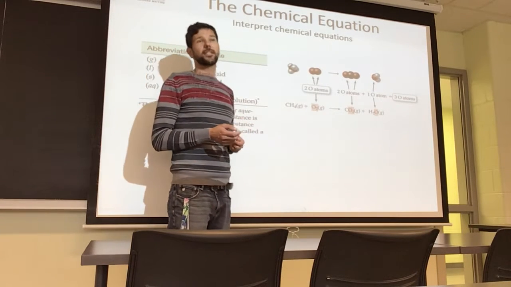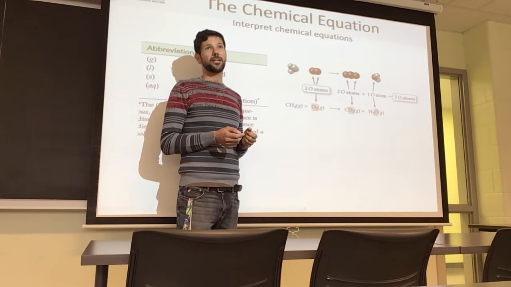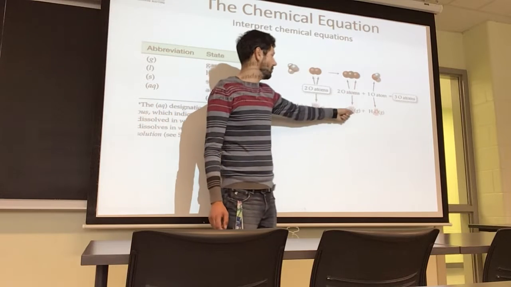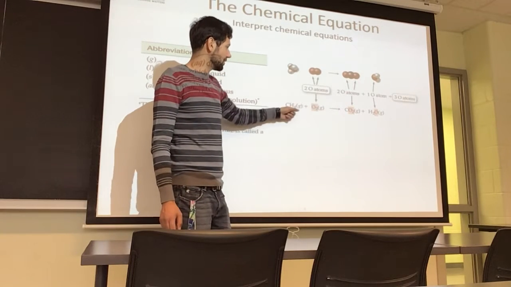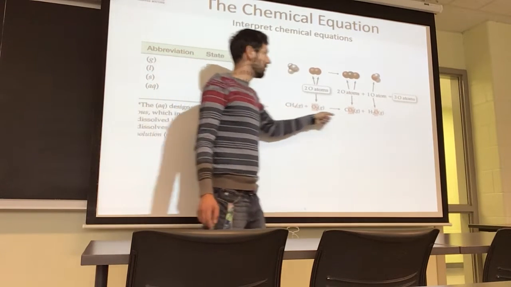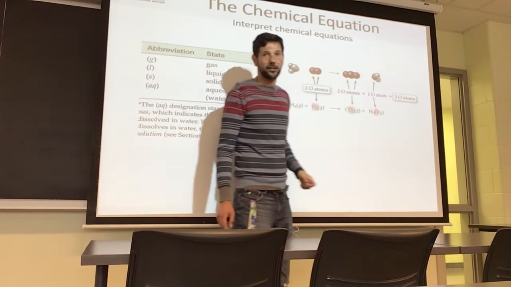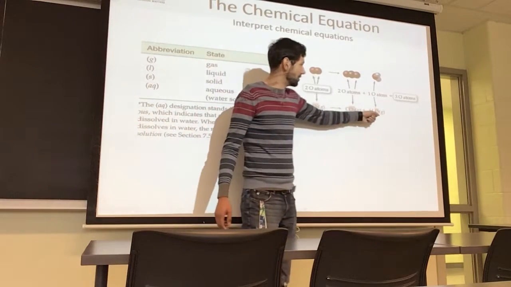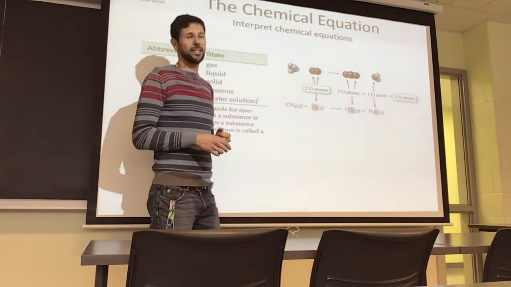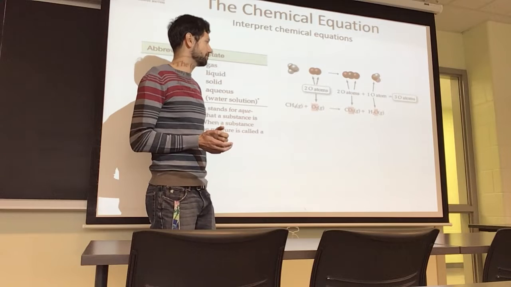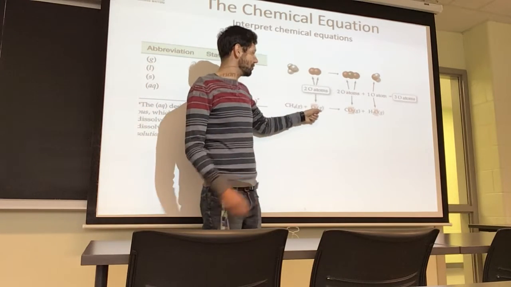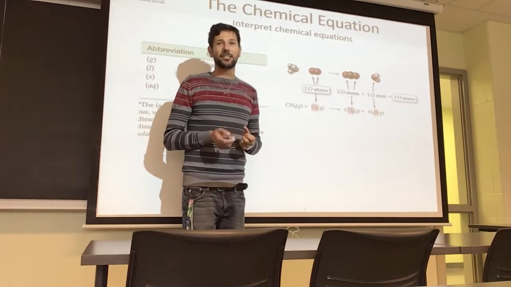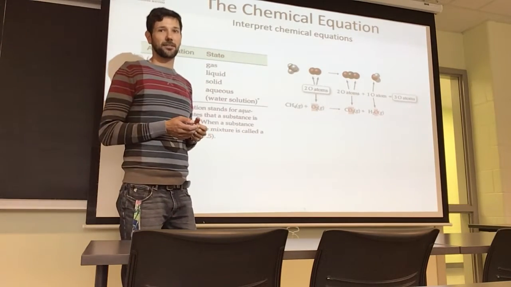We know that mass isn't created or destroyed in normal chemical reactions, so if we see that there's 1 carbon on the left side, there has to be 1 carbon on the right side. If we see that there's 4 hydrogens on the left side, there has to be 4 hydrogens on the right side. But oops, let's look at this one. 4 hydrogens on the left side, just 2 hydrogens on the right side. And that's where balancing comes in. And if we look at oxygen as well, 2 oxygens on the left side, 2 plus 1 oxygens on the right side. This equation definitely needs to be balanced.